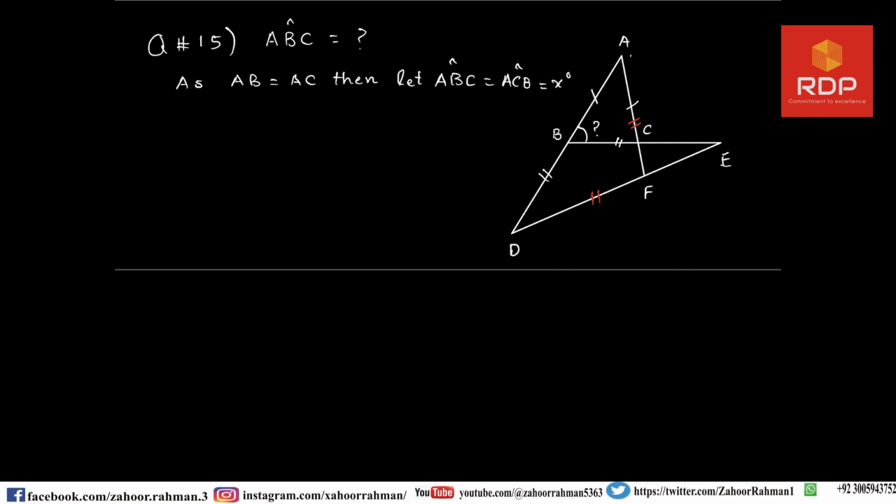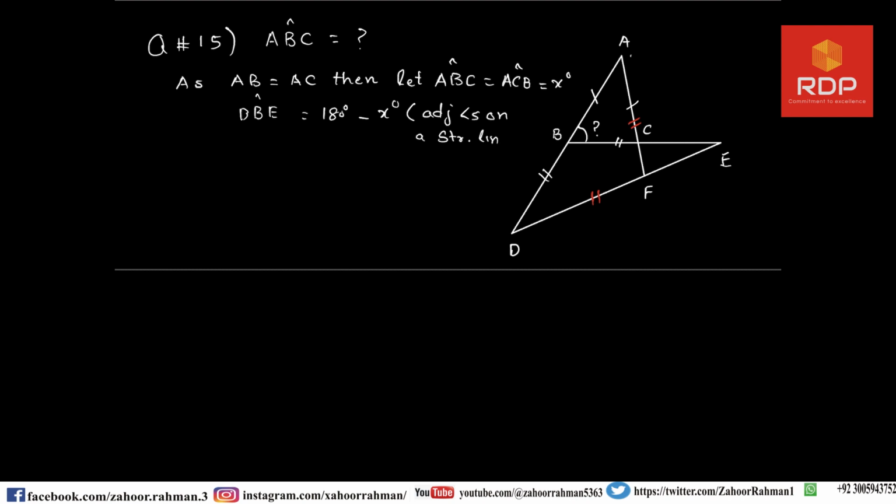Now DBE is equal to 180 degree minus x degree, and that is due to the adjacent angles on a straight line.